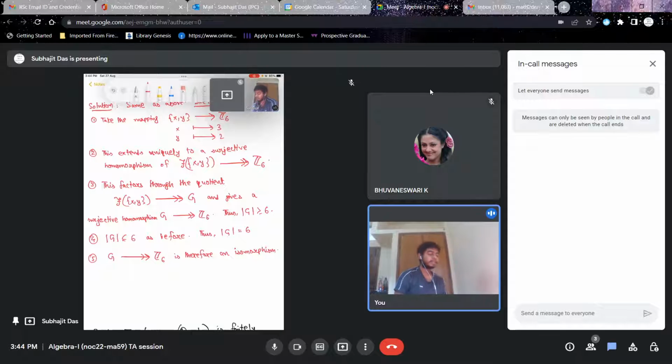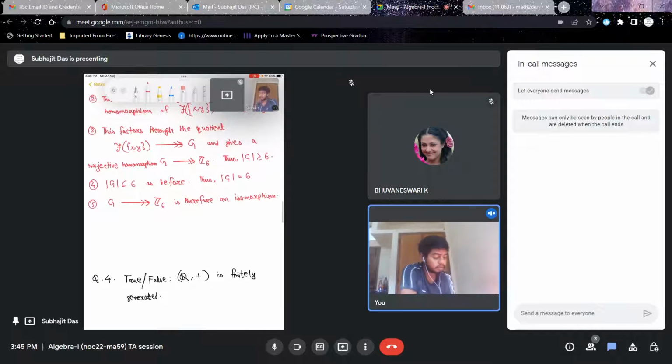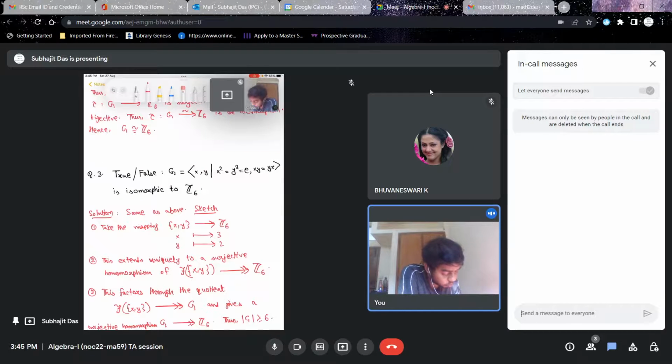Since we are using this map again and again, G to Z6, I didn't bother to name it, but this is just the surjective homomorphism that we obtained in step 3, therefore an isomorphism. Hence G is isomorphic to Z6, and therefore this statement is not false, it is actually true.